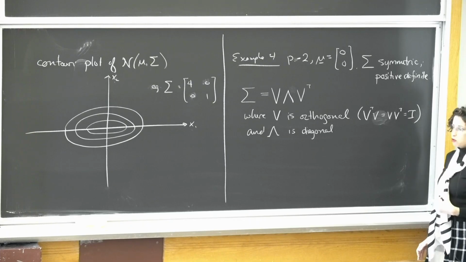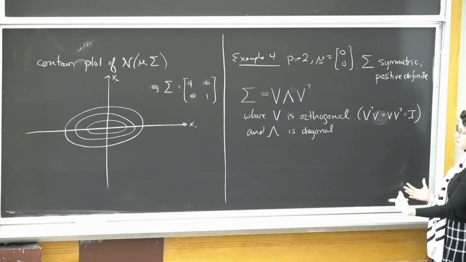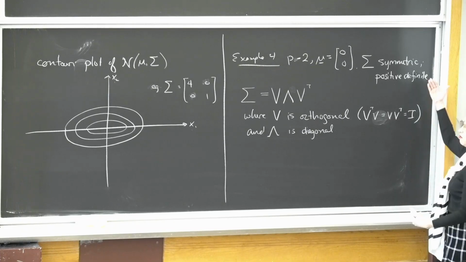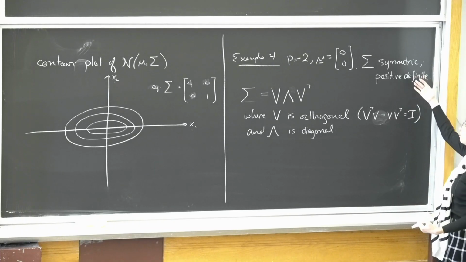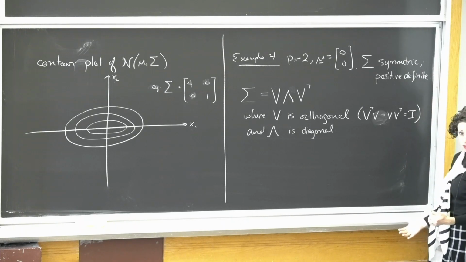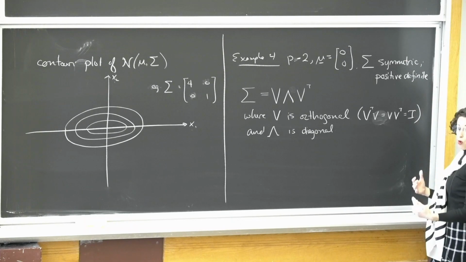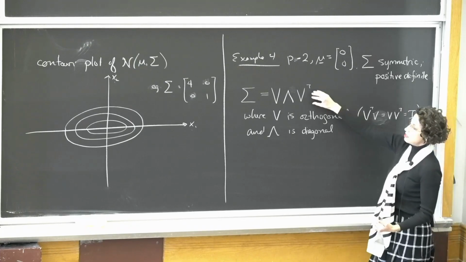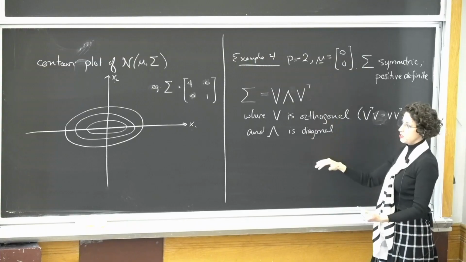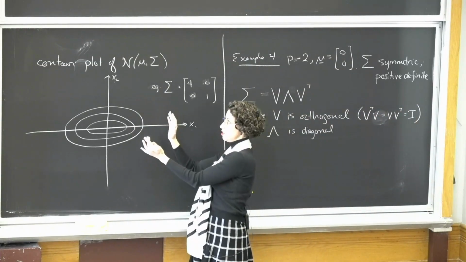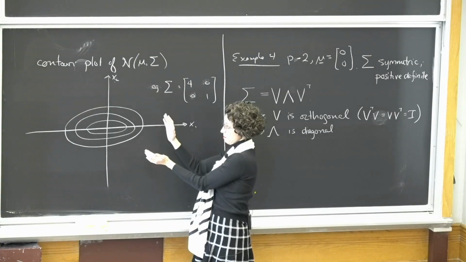Okay, so now trying to plot the contours of this distribution function for a general covariance matrix that's symmetric and positive definite is more complex. But the core idea is basically that we think about this V matrix as telling us how to basically rotate our coordinate system.